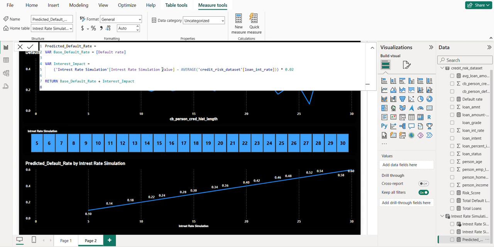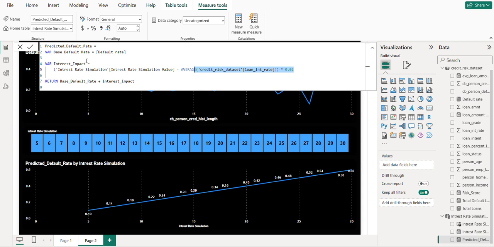The formula predicts the impact of interest rate changes on default rates, and the interest rate impact is multiplied by 0.02, that is 2%, because a higher interest rate slightly increases loan repayment difficulties. You understand, that's why we multiplied by 0.02.